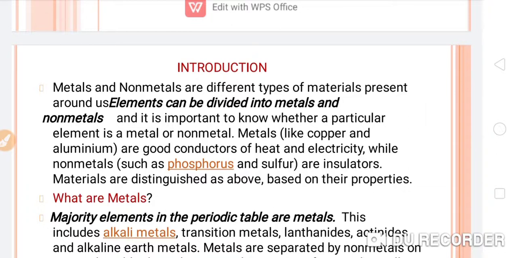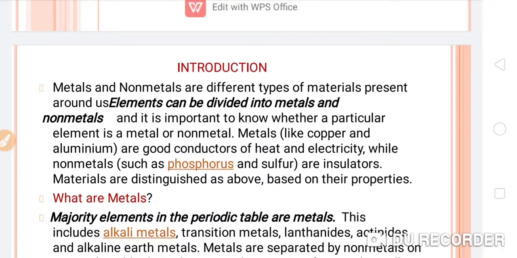Metals and non-metals are different types of materials present around us. The elements can be divided into metals and non-metals. And it is important to know whether a particular element is a metal or a non-metal.